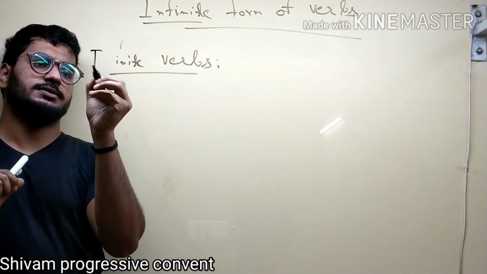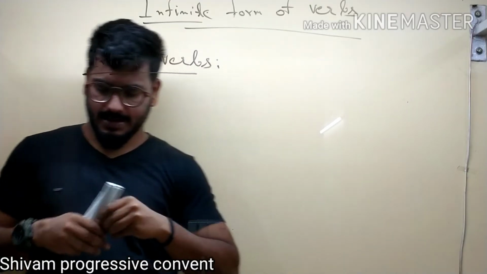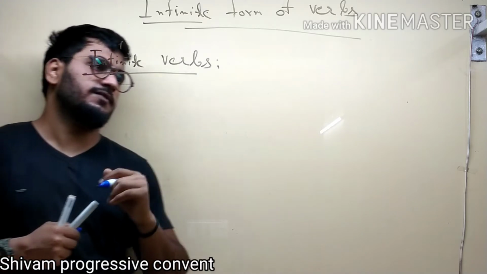So the next thing is infinite verbs, and its definition will be vice versa to the first one.